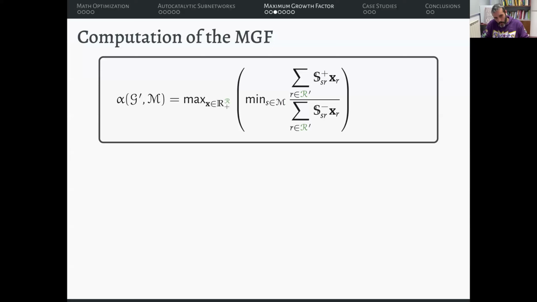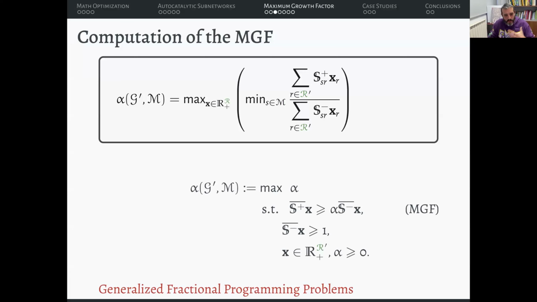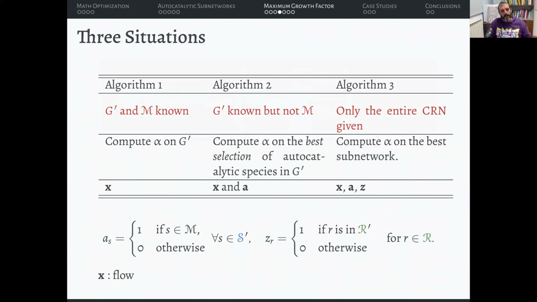So setting the gradient equal to 0 is not a valid approach for solving the problem. We need to use tools from generalized fractional programming, and this problem can be modeled in a different but similar way.